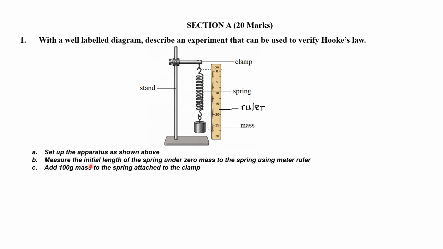Having added mass there, you see a change in the length of the spring. The spring is going to elongate, or increase in length. So in this case, you have two lengths. One length is before mass is hung here. The other length is when the mass is hung on it.